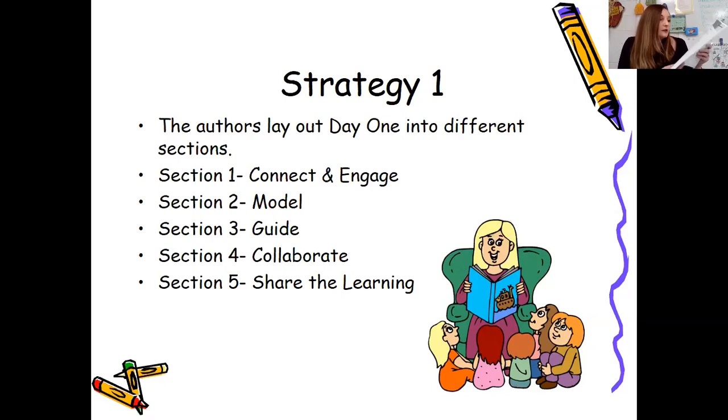And then it says share the learning. So in this case, after you have gone over fiction versus nonfiction, and you have labeled the books, you're going to scatter some books throughout the classroom, and give your students a sticky note, and they're going to write either F for fiction or N for nonfiction.